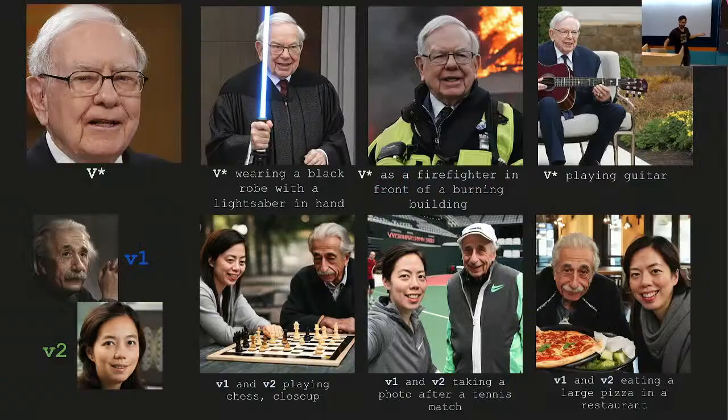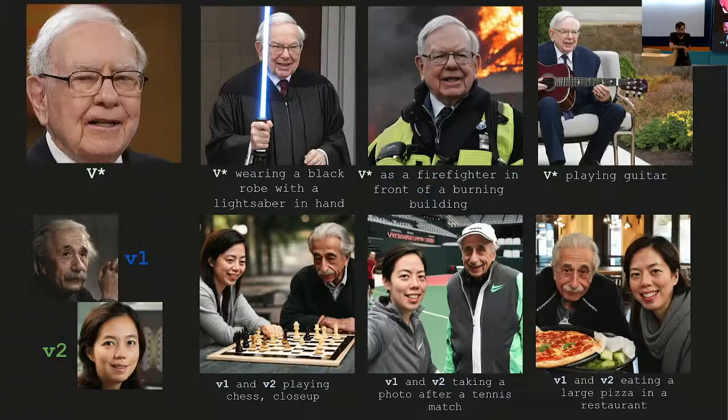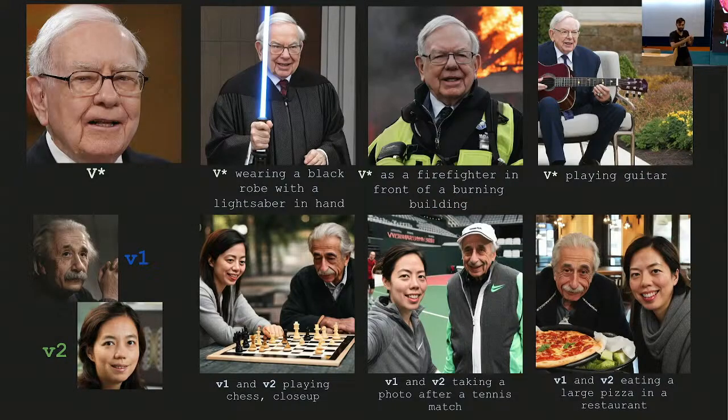This is for the 2-person case, you learn V1 star, V2 star, and put them in the prompt. Here it's not required. We changed the formulation because anyway we are putting it close to the V embedding, so it kind of works.